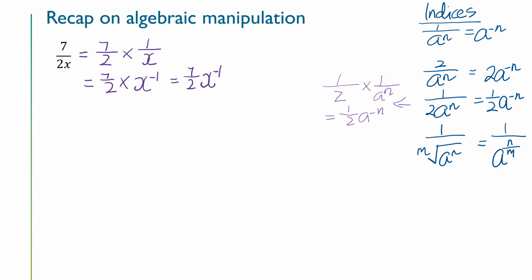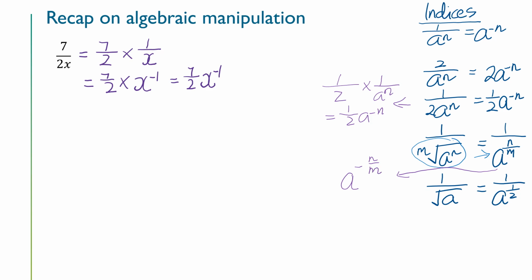And what happens if we have to deal with radical form? This is called radical form. You would have to simplify into the index form first, and then change it to the negative index. This one will give you a to the power of negative n over m.